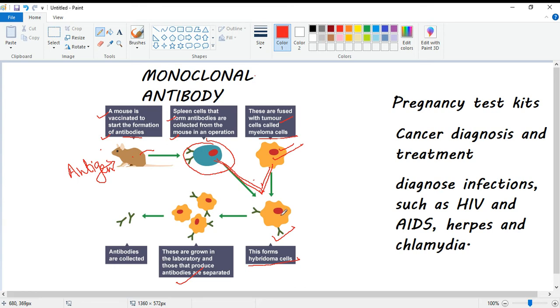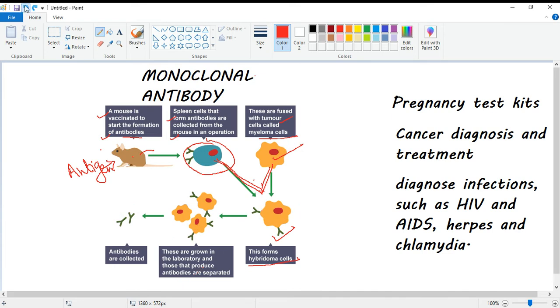So when this uncontrolled division takes place, it also divides the antibodies. Okay, so that is how it keeps on producing n number of antibodies. And in the lab we extract the antibodies from the tumor cell. That is how the production of the monoclonal antibody takes place.